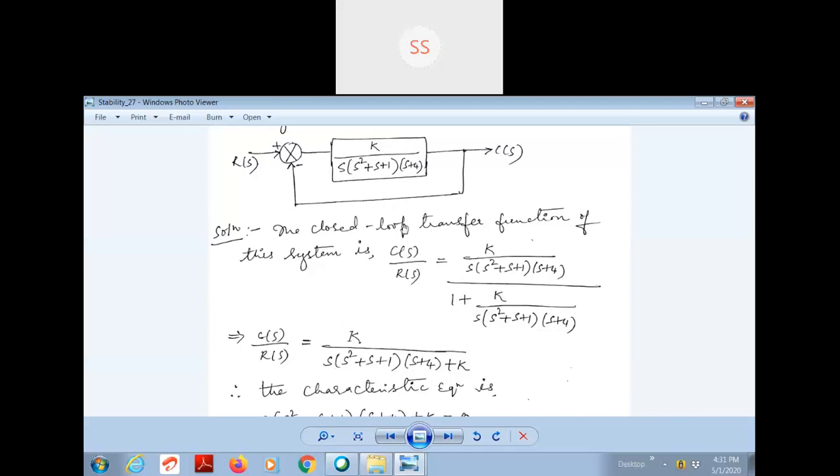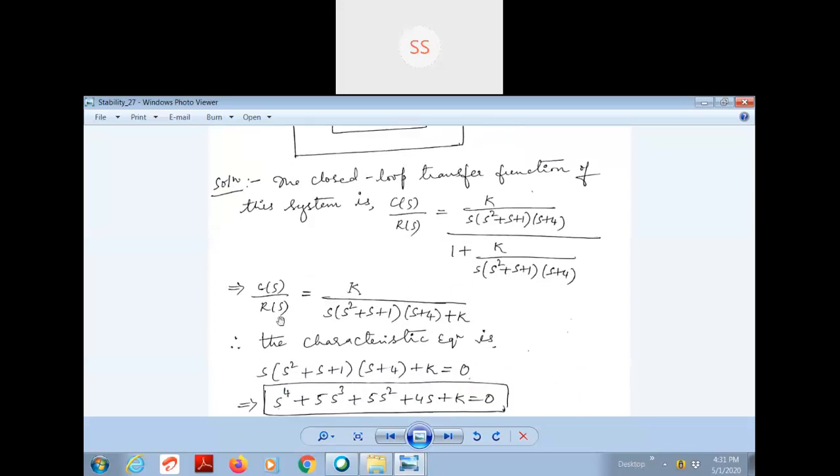So the transfer function C(s)/R(s), I have skipped writing that, is G(s) by 1 plus G(s) into H(s). So H(s) is 1, therefore we have only G(s) by 1 plus G(s), that's all. Okay. Further, very easily we can simplify this, and our reduced equation is like this.